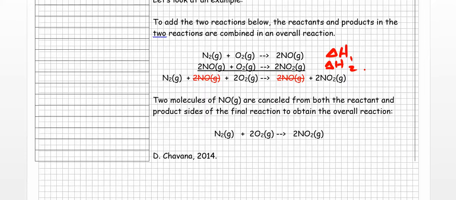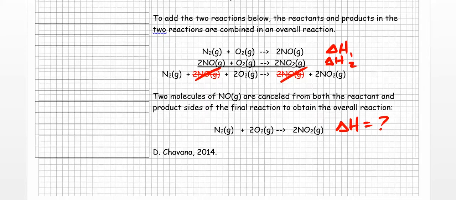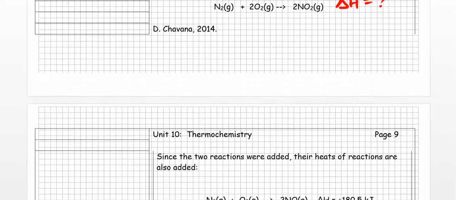But notice NOs cancel on the left and right hand sides of the equation. So two molecules of NO gas are canceled from both the reactant and the product side of the final reaction to obtain the overall reaction of N2 gas plus 2O2 gas yields 2NO2 gas. But the question is, what's the delta H for that? Well, to find the delta H for that reaction, all I have to do is add up the delta H's for the two previous reactions.